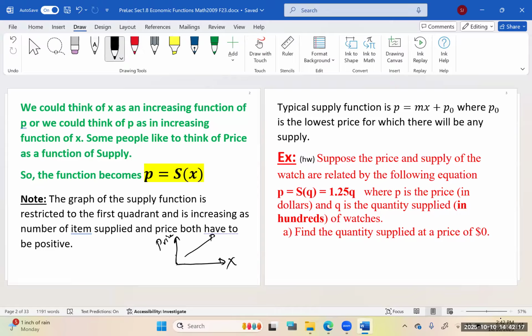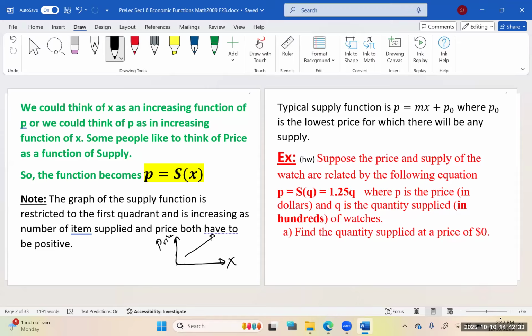If you produce 2 watches, it's 2 times $1.25. If you produce 10 watches, it's 10 times $1.25. So P is the price, and this is 1.25 per watch, while Q is the number of watches you are going to produce.